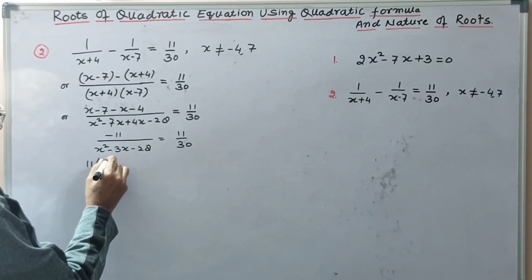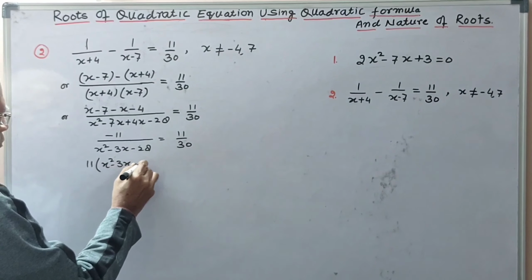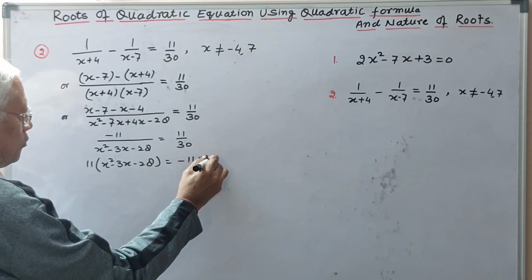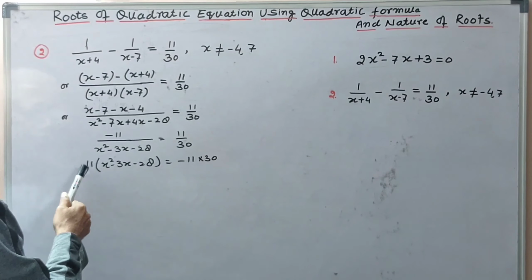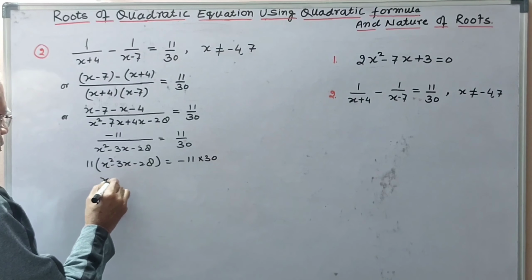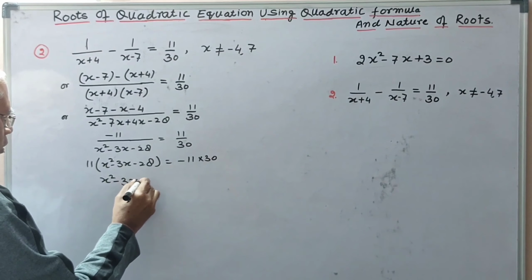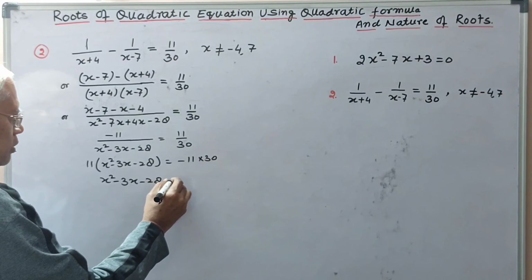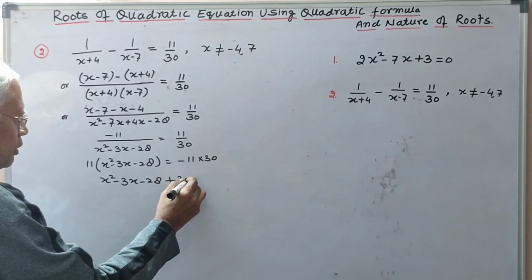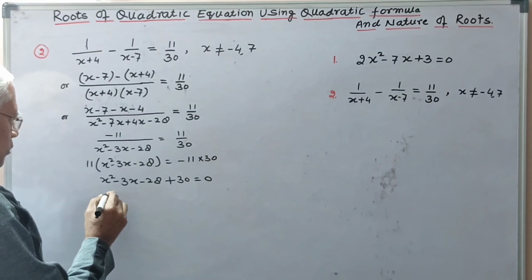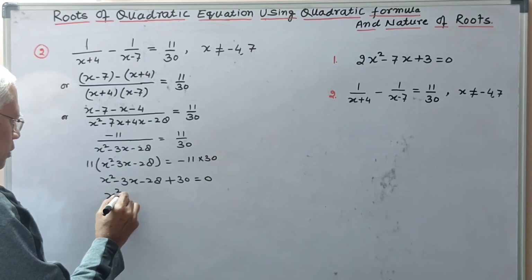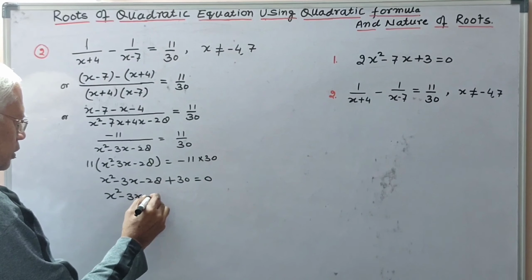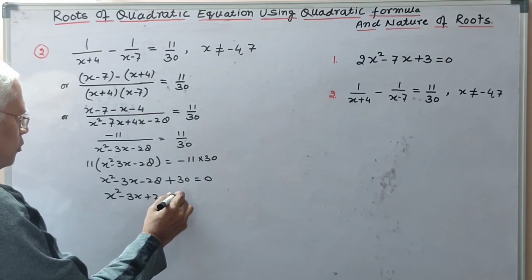So 11 into x square minus 3x minus 28 is equal to minus 11 into 30. 11 will be cancelled. So x square minus 3x minus 28. Take minus 30 to the left hand side, it will be plus 30 equal to 0. So x square minus 3x, 30 minus 28 is plus 2 equal to 0.